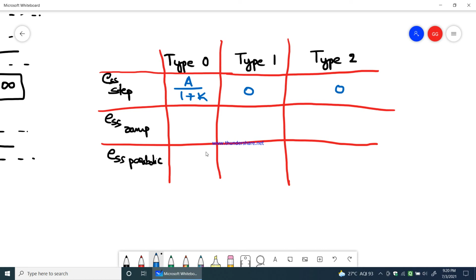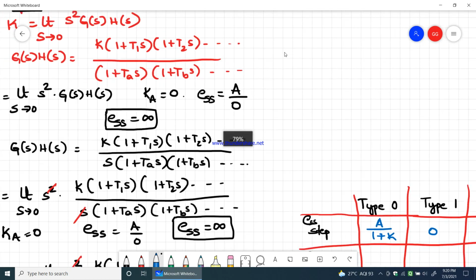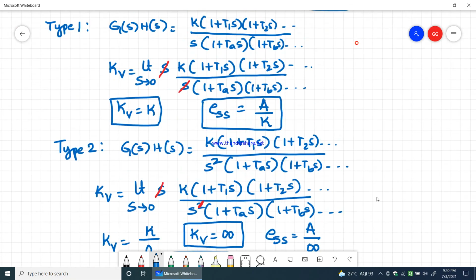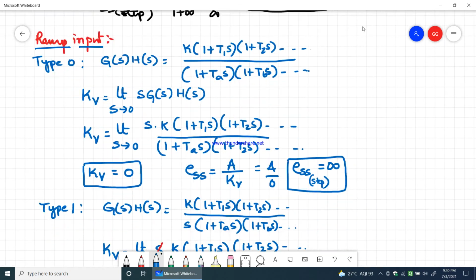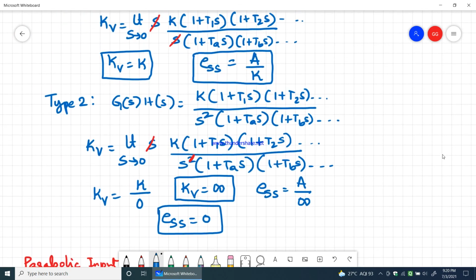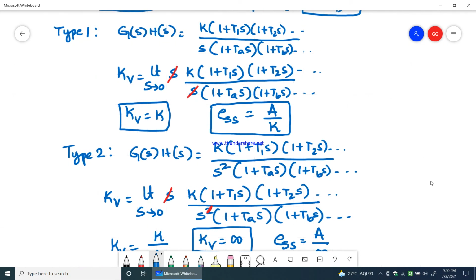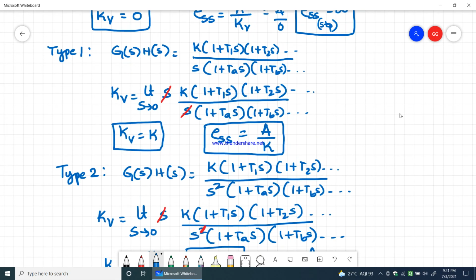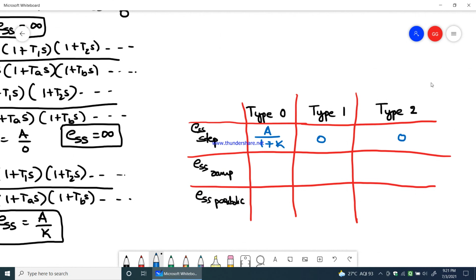Similarly, for ramp input, for type 0, which is Kv, velocity, we got infinity, and for type 1 we got A by K, and for type 2 we got 0.